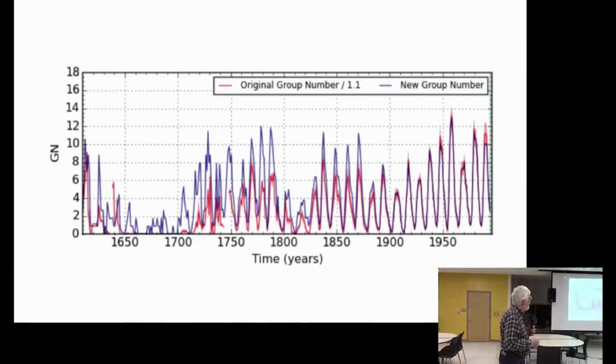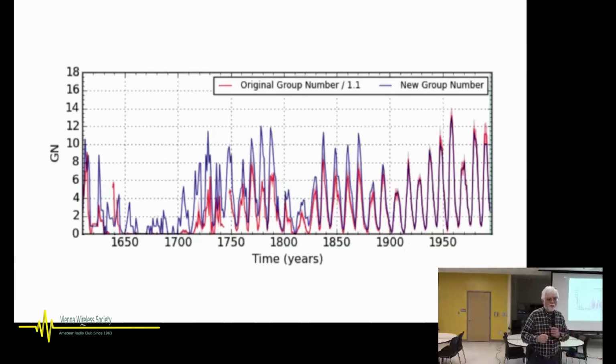And as you can see, the ability to track sunspot groups got very good in the late 19th century. Before that, there's a bit of a divergence. And as you go further and further back, the divergence gets worse and worse.